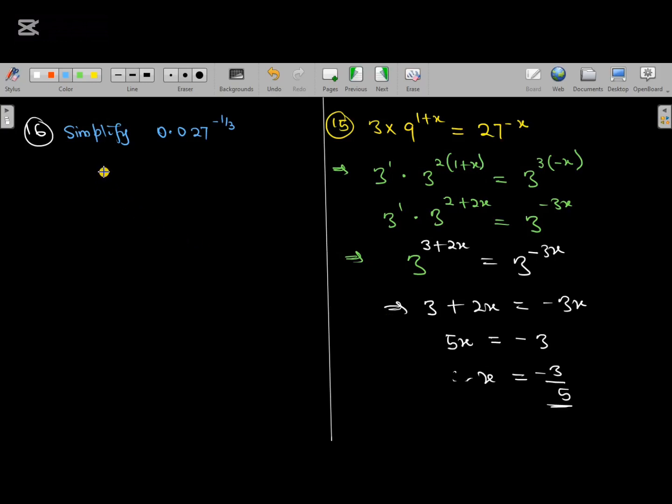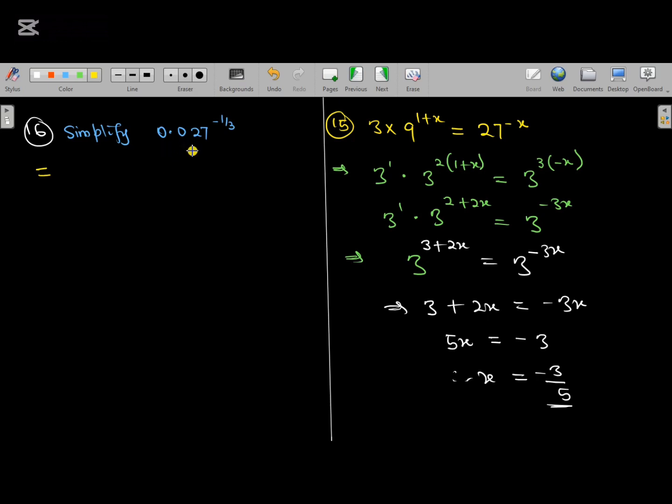All right, so for 16, we are asked to simplify 0.027 to the power of negative 1 over 3. So how do you do that? It is also very simple. Whenever a decimal is given, always try to change it to a fraction.